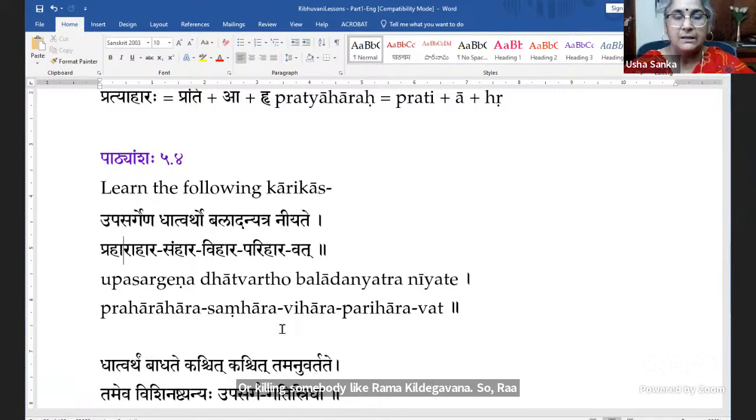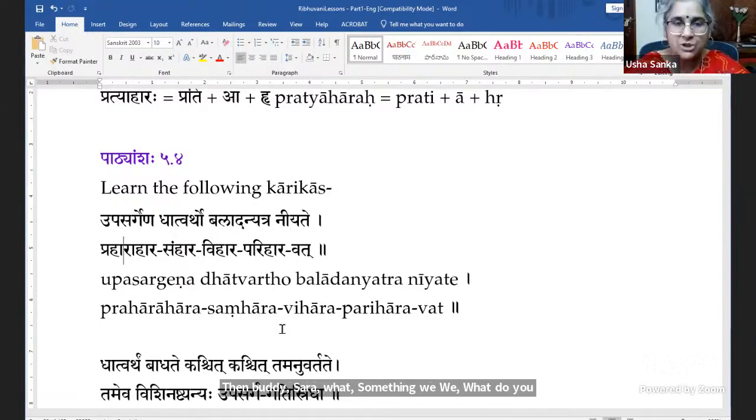Samhara. Then Vihara, we go for a picnic, we go for a walk, we go for a ride, we go out of the house for pleasure. Vihara. The kings go with the queens to some place, some small forest, some small river side, like that. Vihara. Then Parihara, what? Parihara is something we pay, as a punishment.